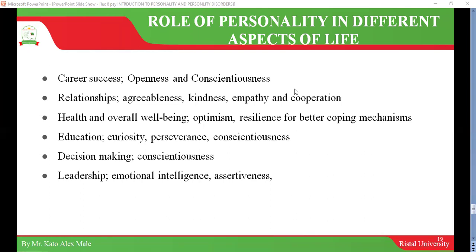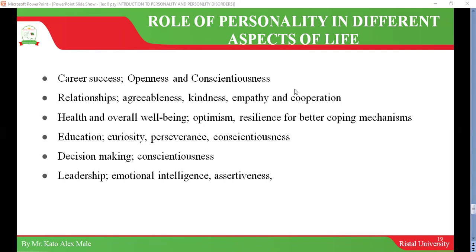Then education, as an aspect of life, is influenced a lot positively by personality traits such as curiosity. Curiosity, someone is eager to learn. Yeah, perseverance, because during education we go through a lot of things, most of them negative to us, to our lives. So you must persevere to succeed.